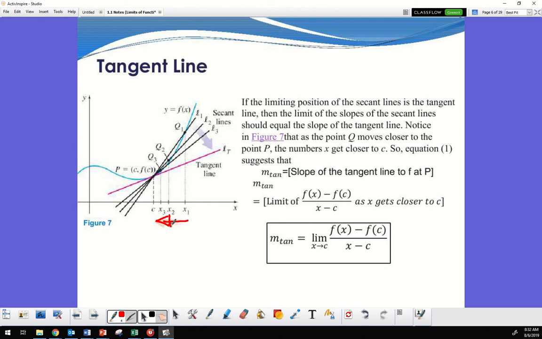If you notice my black line, my first one, L1, which is right here, it's very steep. This is X1. That goes along with that. So as the X keeps getting closer and closer to eventually get to that point, the secant line is getting closer and closer together till eventually it's going to be on top of itself.